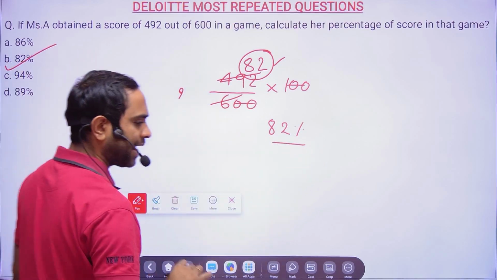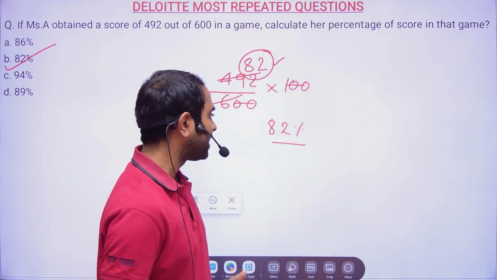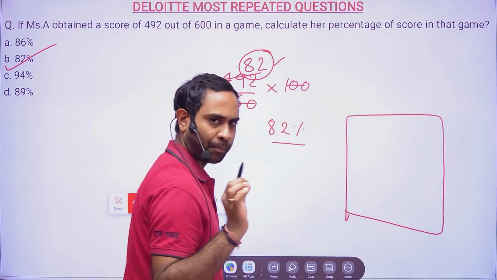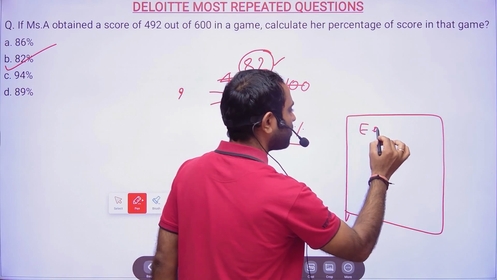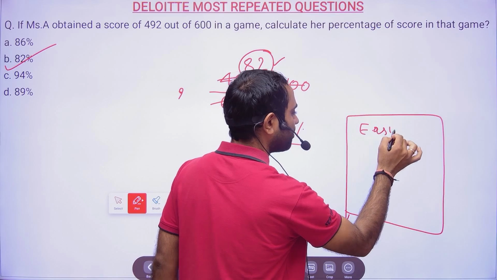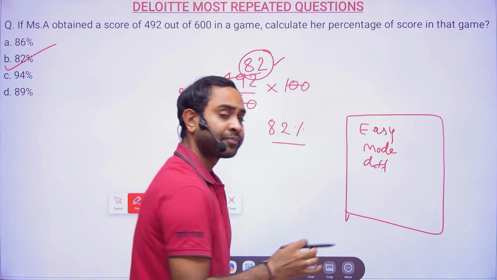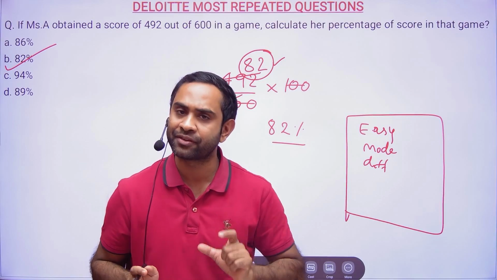Okay, now you might be saying, sir, the problems of Deloitte are very, very easy. So let me tell you one very important thing. In the Deloitte problems, there will be easy questions, moderate questions, and difficult level questions. Now, it's up to you how you pick the easy problems and solve them.